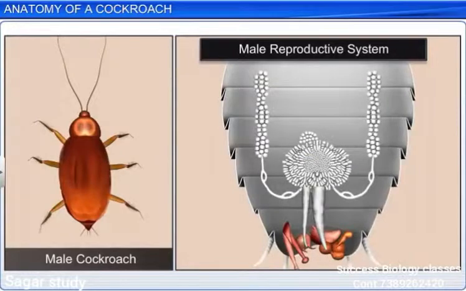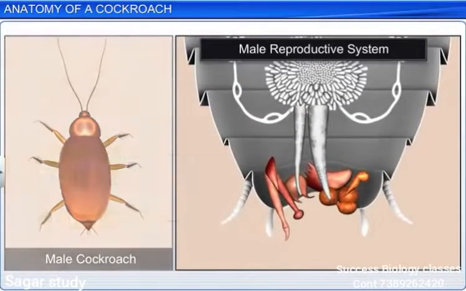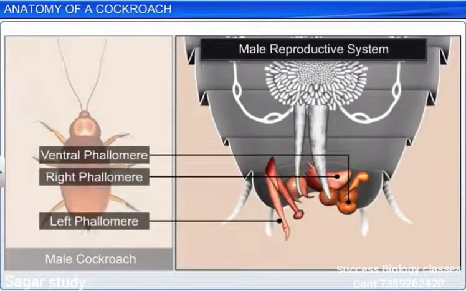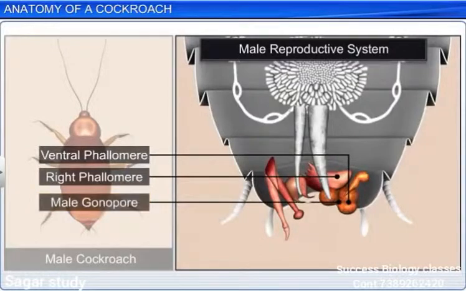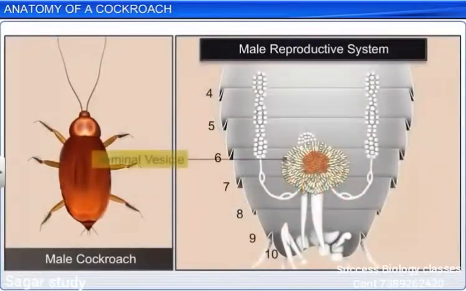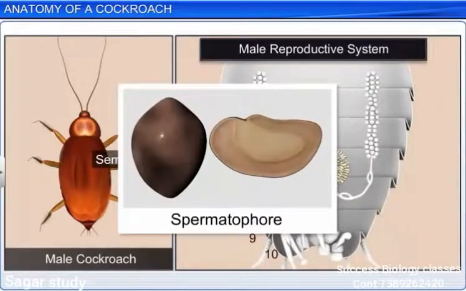In cockroaches, the male gonopophysis or phallomere represents the external genitalia. These phallomeres are asymmetrical structures made up of chitin and surround the male gonopore. Sperm is stored in seminal vesicles and form spermatophores, which are discharged during copulation.